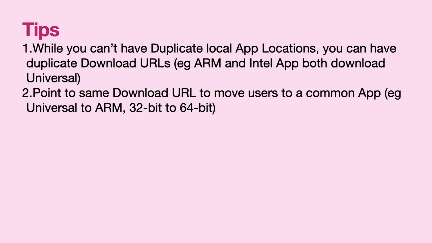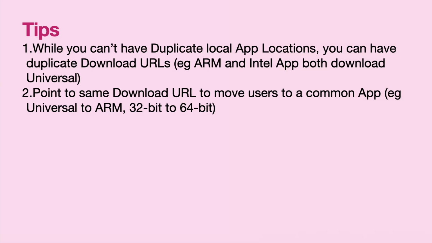So there will come a time when Intel on the Mac essentially dies. Just so few people will be running it anymore, and so what you can do then is go, look, where people were running the universal version of our app before, or the 32-bit version of our old Mac app before, we can now move them to download the ARM version.